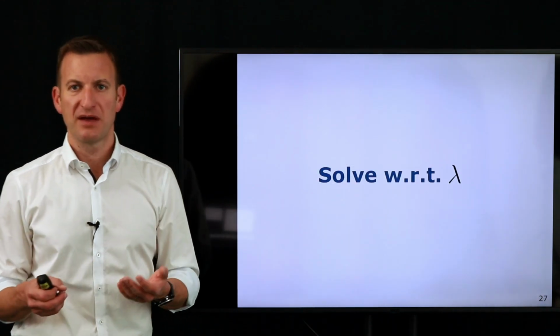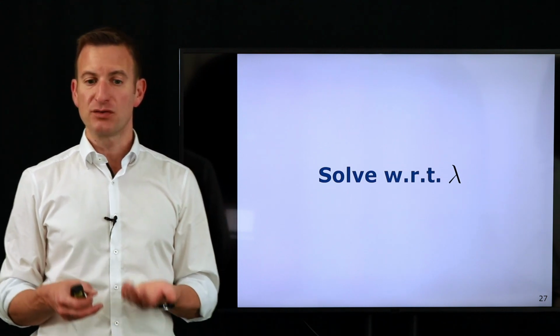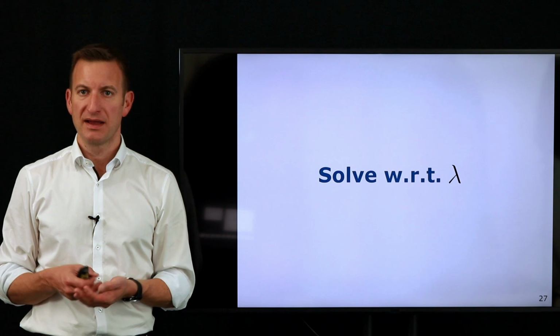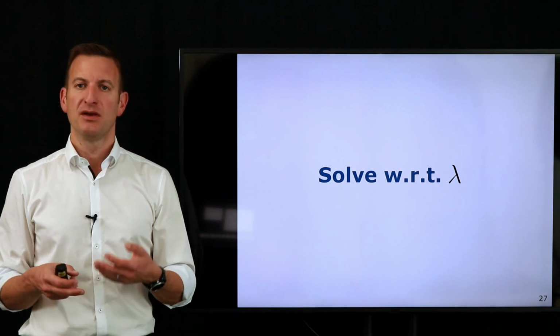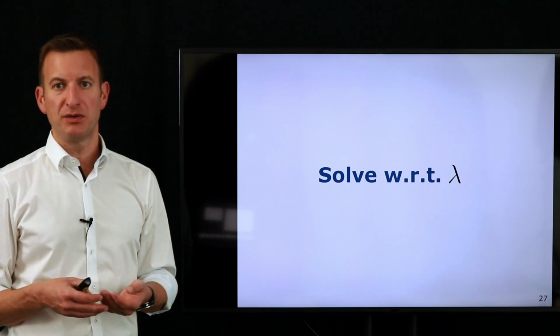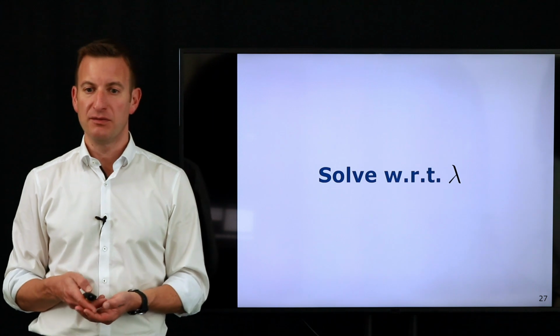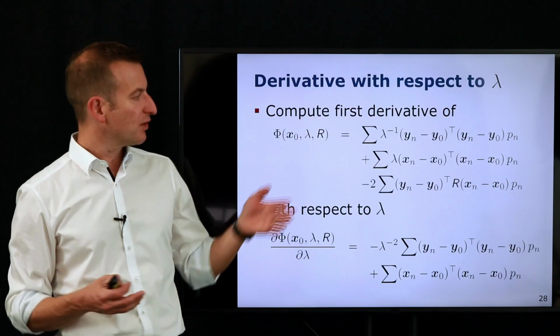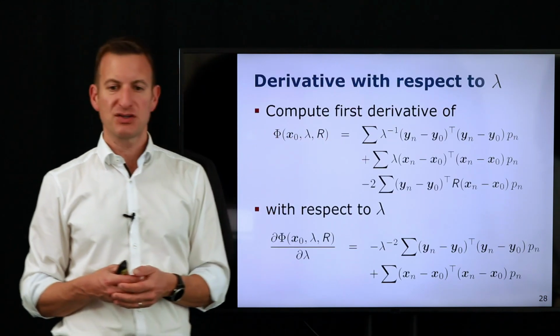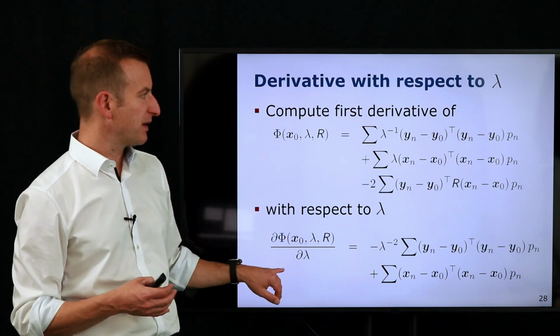The next thing we have to do is repeat the same process that we have done for x0 now for my scale parameter lambda. So we don't compute the first derivative with respect to x0, but we compute the first derivative with respect to lambda in order to determine the value for lambda. We again start with our objective function as before and compute the partial derivative with respect to lambda.